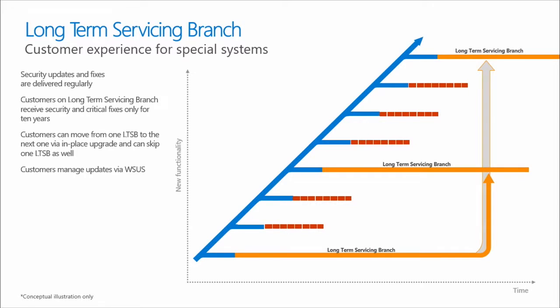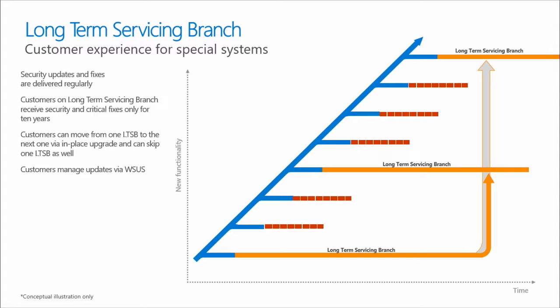When we talk about long-term servicing then, first we had to really look at this as something that's very different. We've got insider builds, which become current branch builds, which become current branch for business builds, and you can move where you're at along that timeline. Long-term servicing, though, is separate.